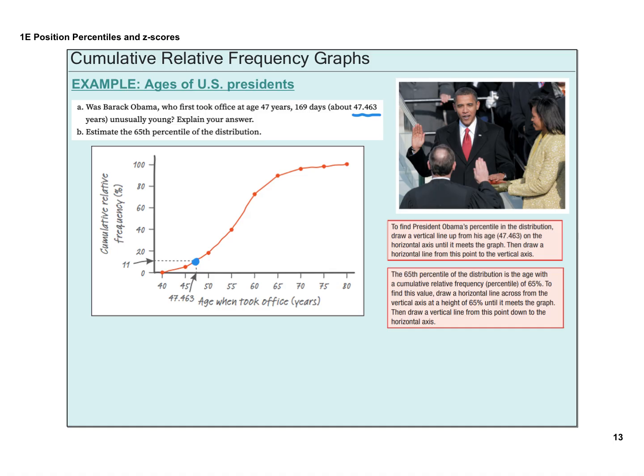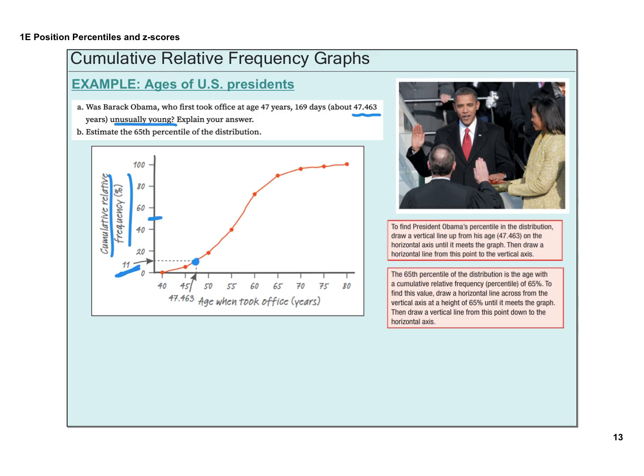If you think about this in terms of the cumulative relative frequency, unusually young would be underneath the 50th percentile. He's down here at the 11th percentile. So President Obama marks the 11th percentile, and I would say, yeah, that's pretty young in terms of presidents taking office.